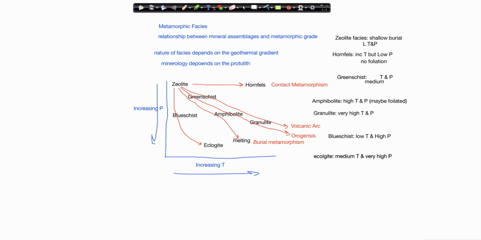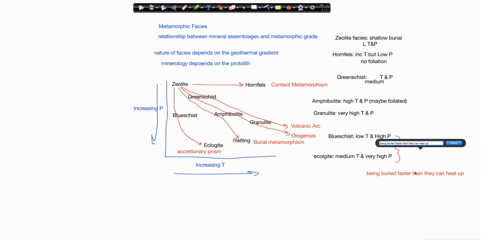And so this is the accretionary prism, because it's being scraped and squished. In these two cases, the reason why pressure increases so much faster is basically they're being buried faster than they can heat up.